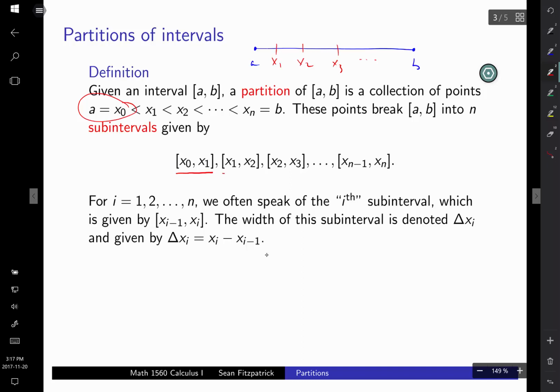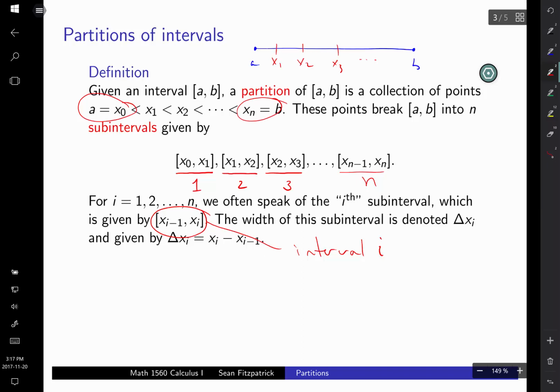Our second interval goes up to x2. So this is interval 1, interval 2, interval 3 goes up to x3. In general, interval i, or the ith subinterval if you like, goes up to xi. And then the final one, interval n, goes up to xn, where xn is equal to b.